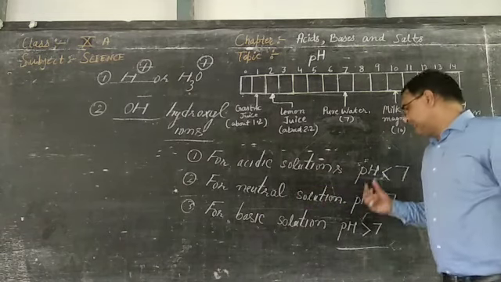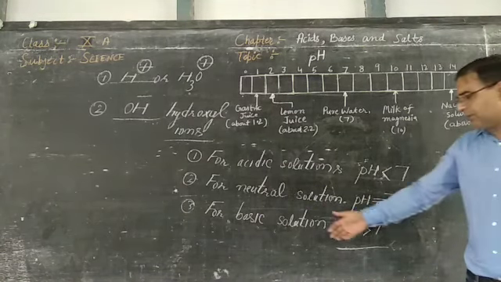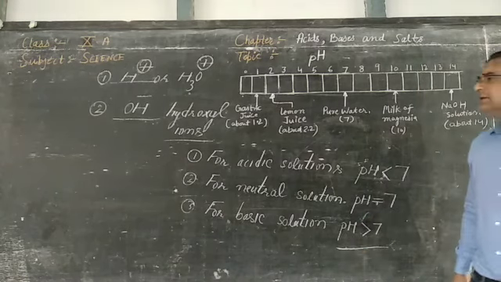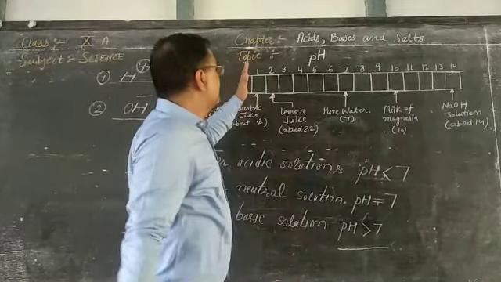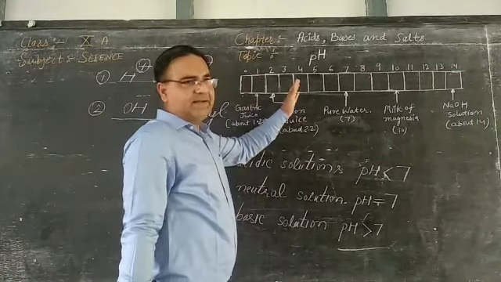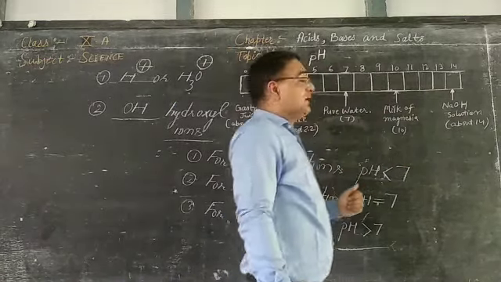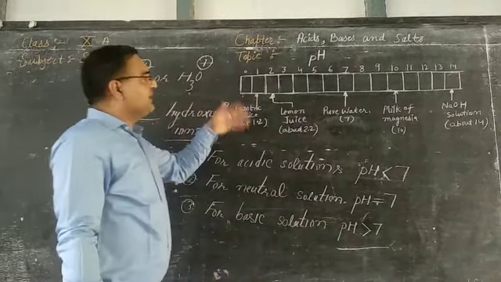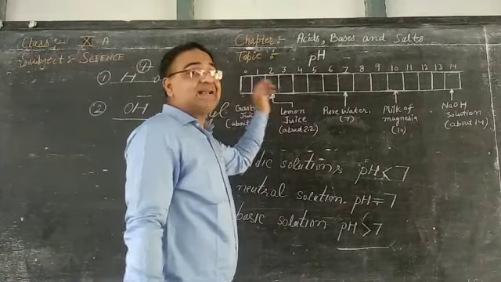For acidic solution, pH is less than 7. For neutral solution, pH is equal to 7. And for basic solution, pH is greater than 7. Again, we categorize this pH scale into weakly acidic, strongly acidic, neutral, weakly basic and strongly basic. Those solutions whose pH lies between 0 to 3 are strongly acidic.